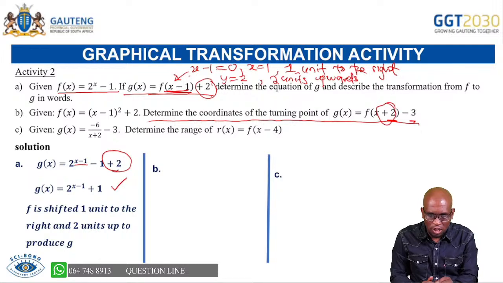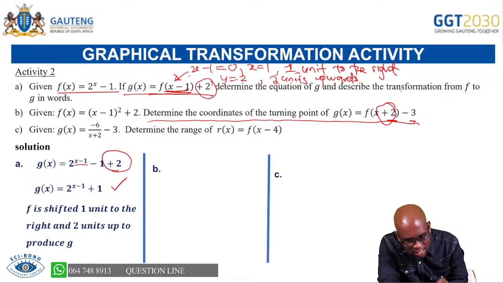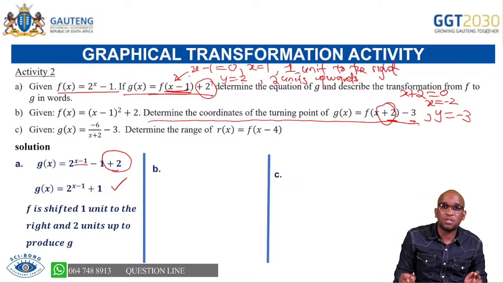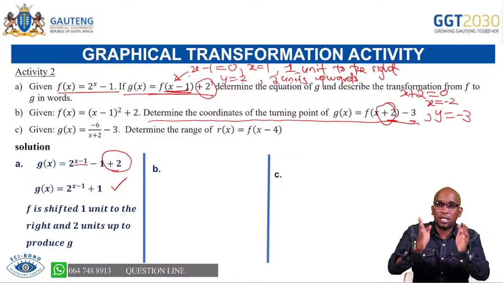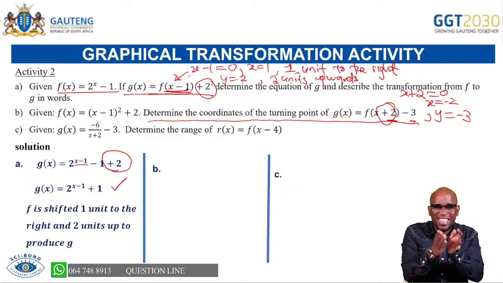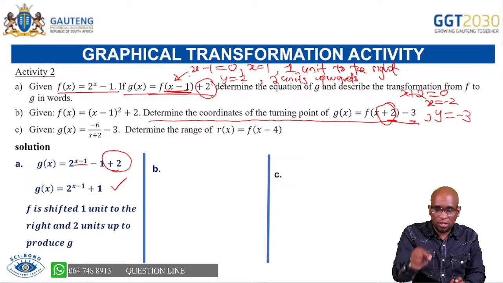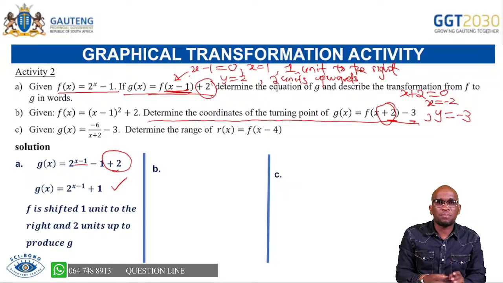This is the transformation. The transformation is x plus 2 is equals to 0. X is negative 2, and then y is negative 3. That is the transformation, which means that you'll take a point on the original turning point. On x, you subtract 2. On y, you subtract 3. That is the first method you can use.